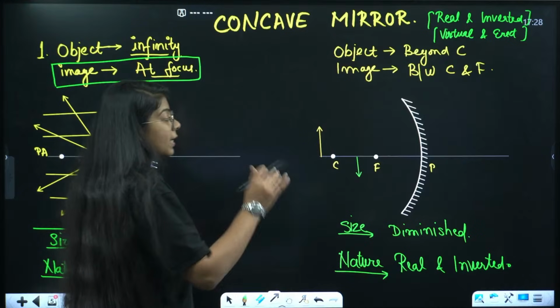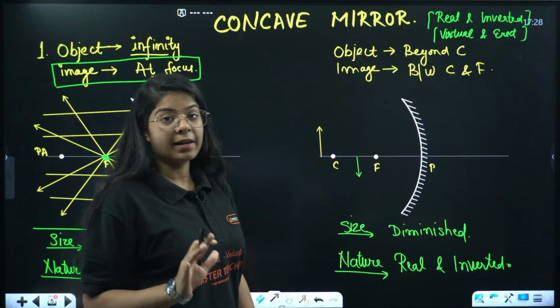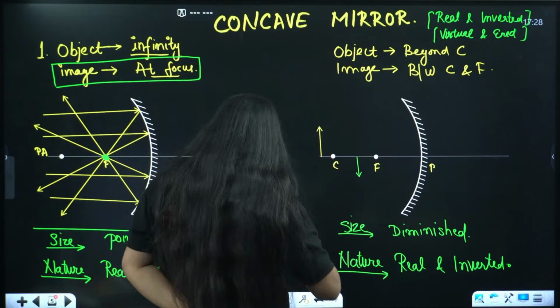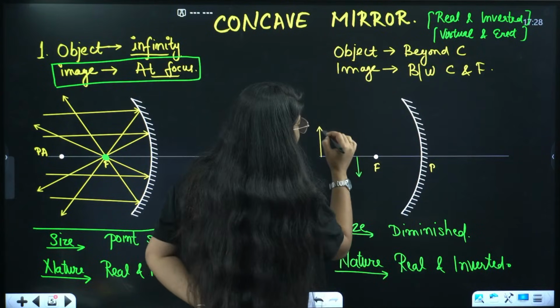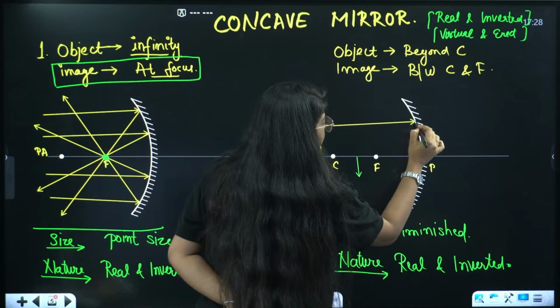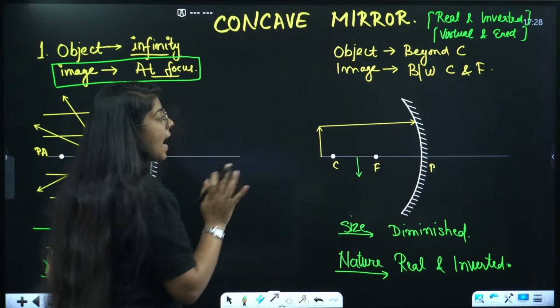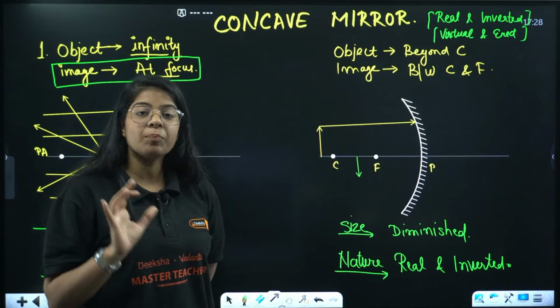Done. चलो, now you have to make the rays. कैसे करना है? First ray will go parallel to the principal axis. Okay, the first ray is going parallel to the principal axis and it is passing through the focus.